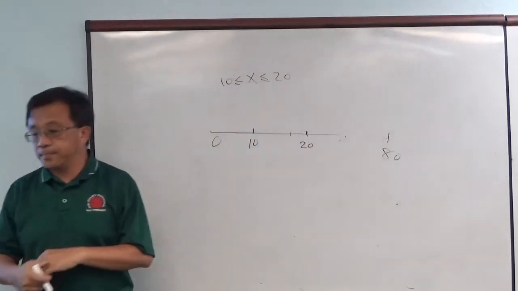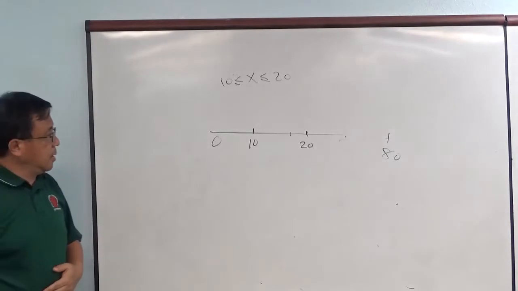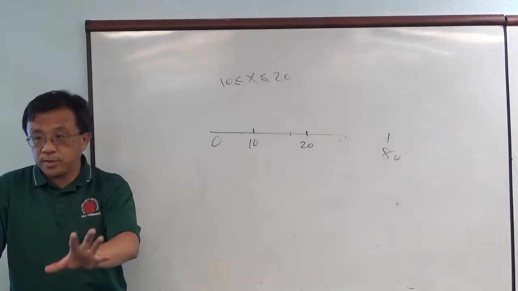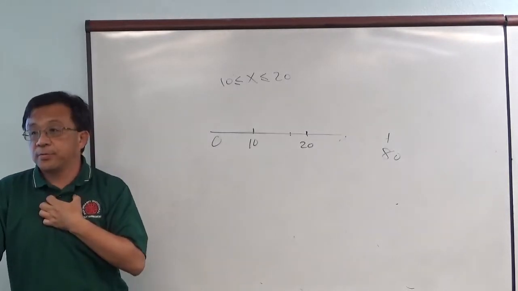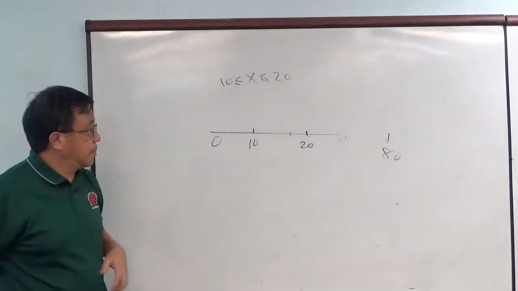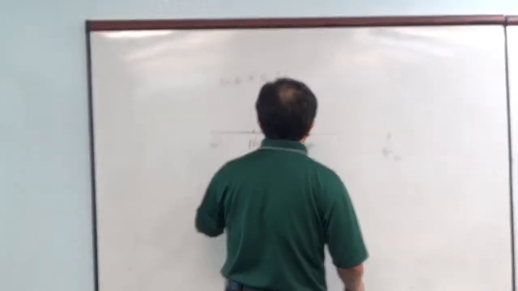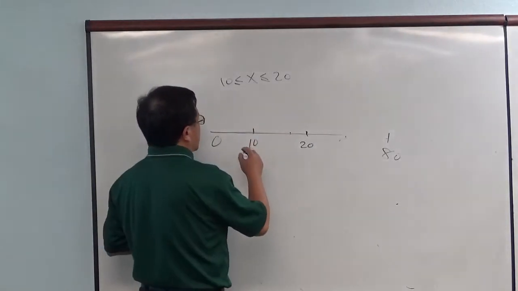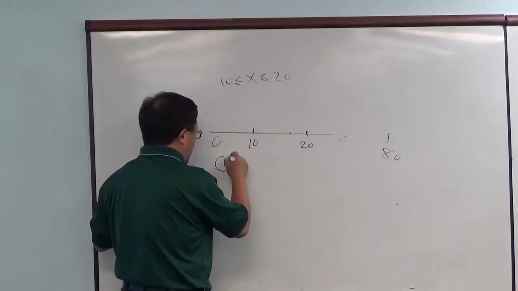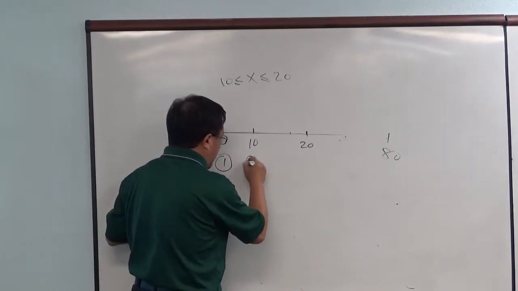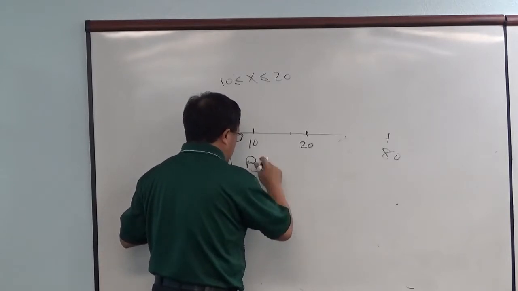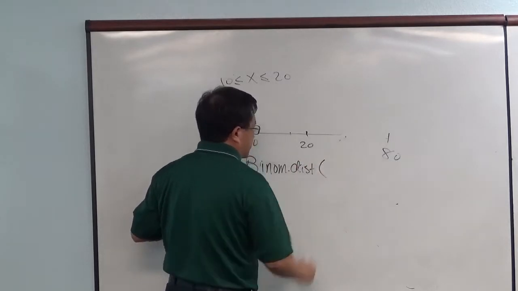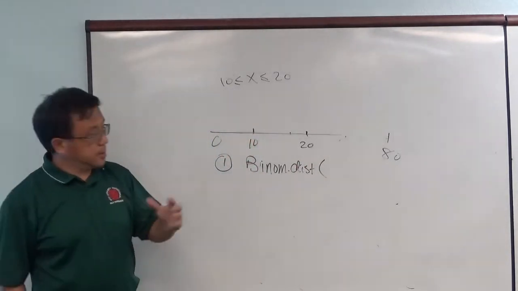If you use, instead of my worksheet, you want to do it by yourself, then you can type the formula. The formula you will use is BINOM.DIST.